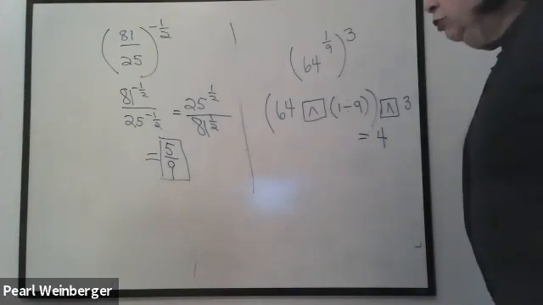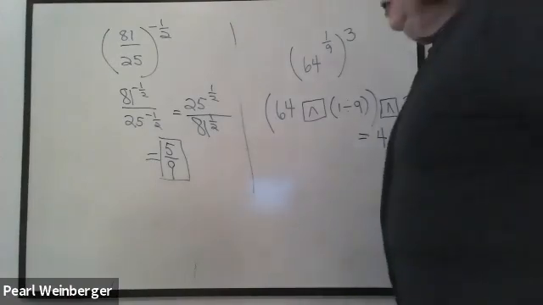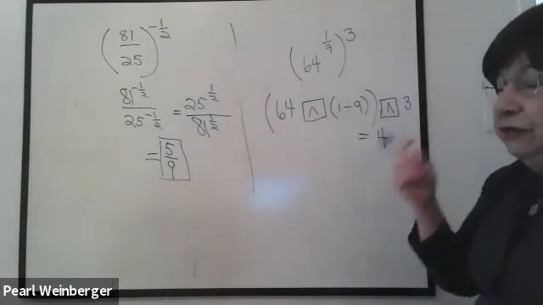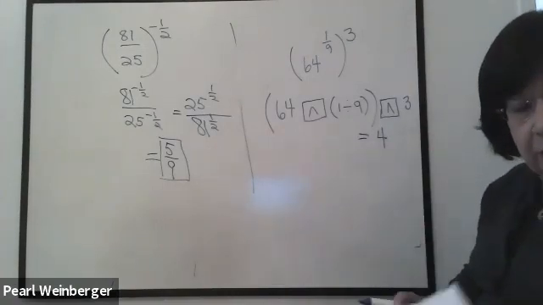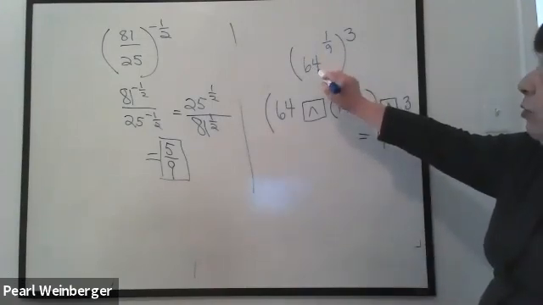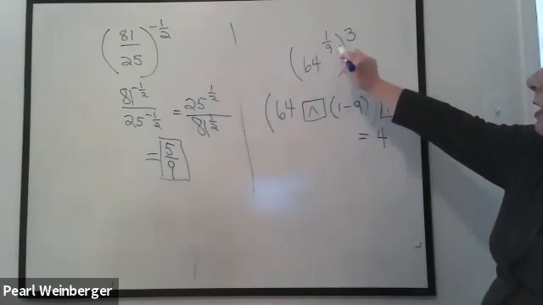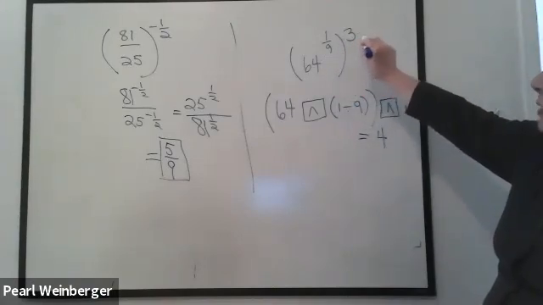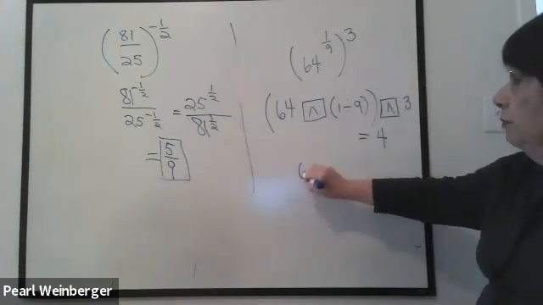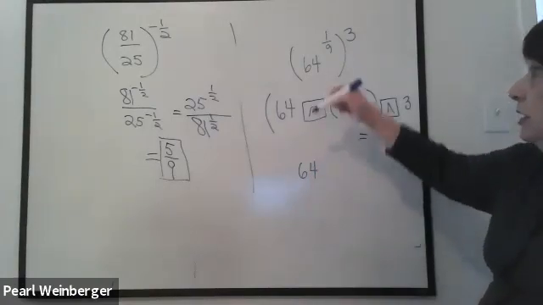In other words, you could do this totally with your calculator. But let's see if we can figure it out, not with a calculator. Let's see if we can figure out what it means. Now, I know I have 64 to the 1/9 to the 3. Now, I know when I have two exponents, usually what I do is I multiply the 2 exponents together.